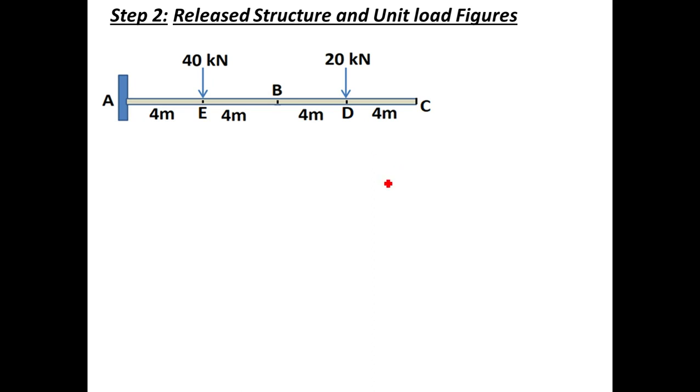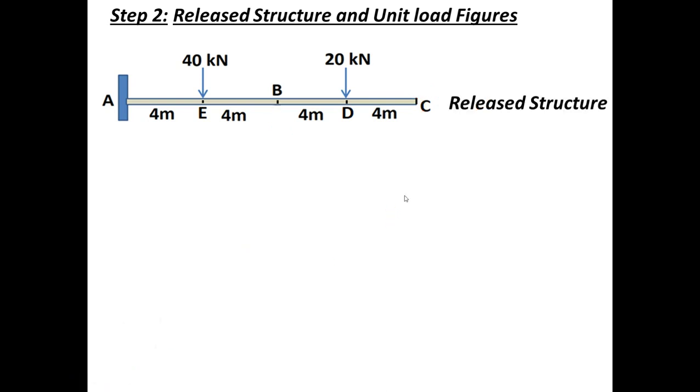If we remove 2 reactions from the given beam, the beam becomes statically determinate again. That's why, to make it statically determinate, we have removed the roller support at point B and the guided support at point C. So reaction at B and moment at C become our 2 unknowns, RB and MCB. This is called the released structure.